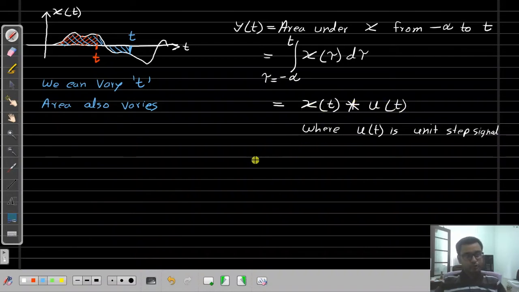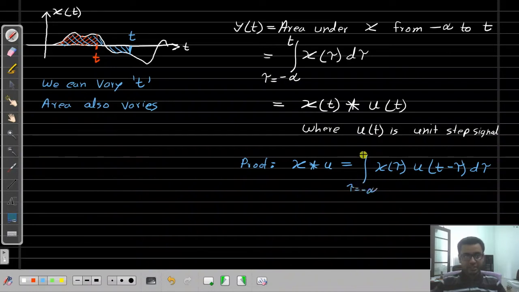What is the proof? Proof is very simple. We know that x star u is given as the integral of x(tau) u(t minus tau) d tau from tau equal to minus infinity to infinity.